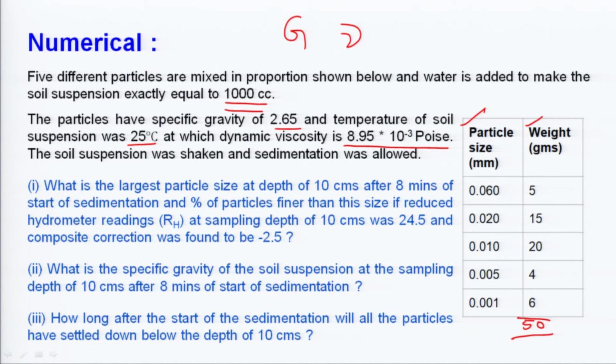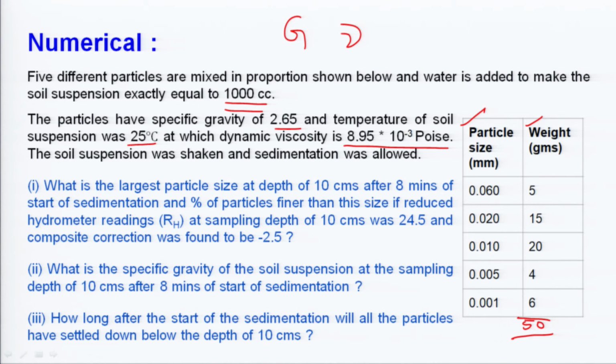So, what is the largest particle size at a depth of 10 centimeters after 8 minutes of start of sedimentation, and the percentage of particles finer than this size, if the reduced hydrometer reading at a sampling depth of 10 centimeters was 24.5 and the composite correction was found to be minus 2.5.